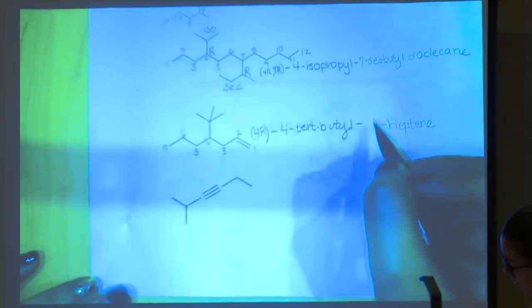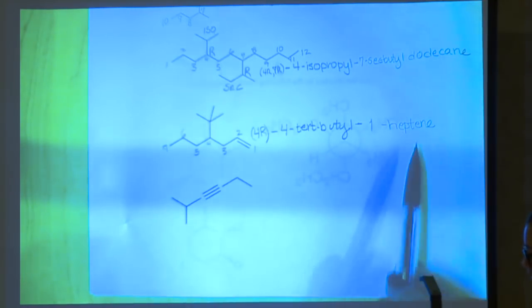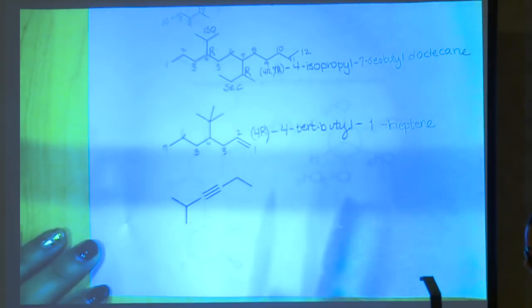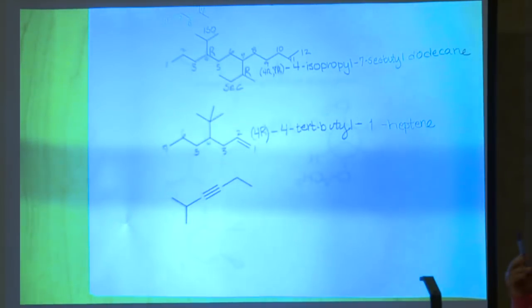I think I've seen it too where they'll do hept-1-ene. Yeah, that works as well. So if you wanted to do the hept-1-ene, works too. But if it's a cyclo, you know that that'll be on your number 1. For this one, if you don't show it anywhere, you have to think about it in terms of, if I'm given 4-tert-butyl-heptene, do I know where that ene is going, right? So if you don't, then make sure to number it.